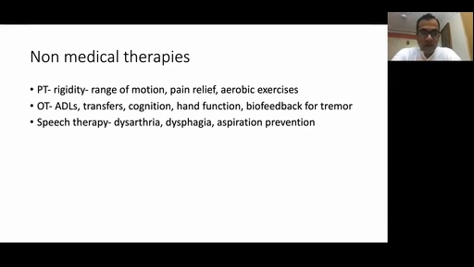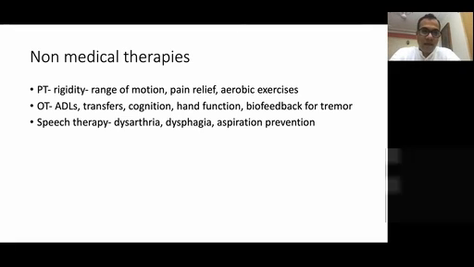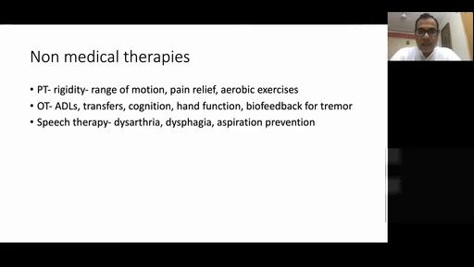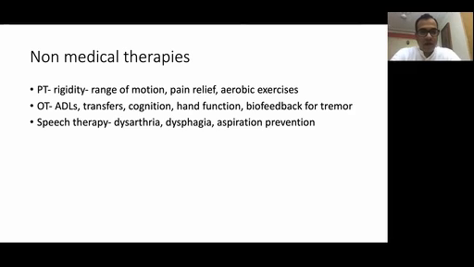So we routinely send patients for physiotherapy where they manage the rigidity part, range of motion, pain relief, and assist the patients in performing aerobic exercises, which keep the patient independent for daily activities for a longer time. We send them to occupational therapy so that the patients can learn activities of daily living despite having dysfunction.